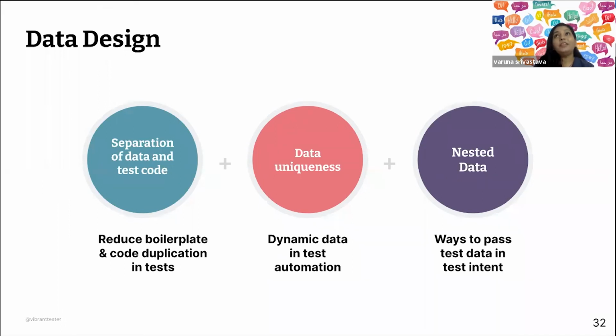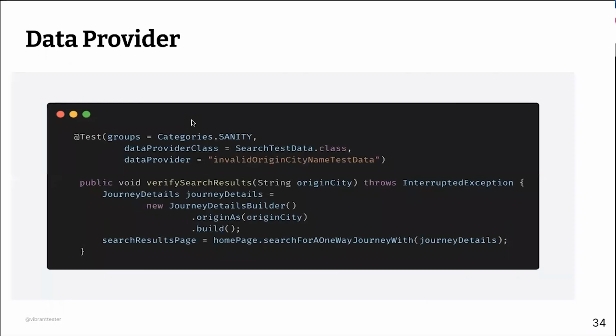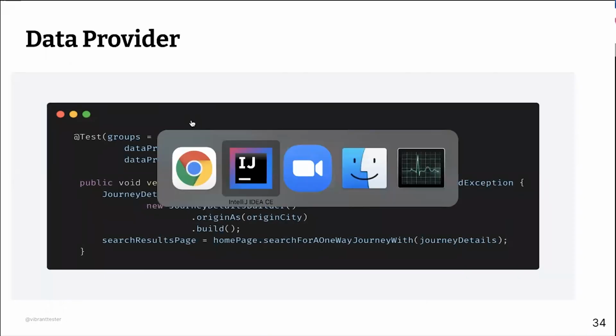So that's where the data plays a very important role. It's the seed to your test. What you are seeding to your test is where you design your data. And this is where people invest a lot of time and effort eventually to make your framework more scalable.